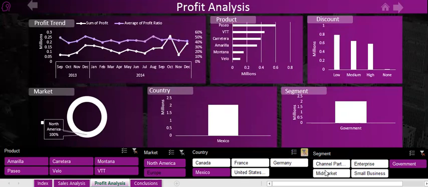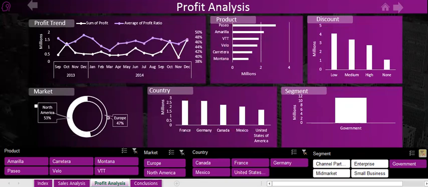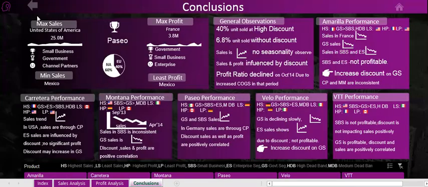Before that, I am just turning off these filters. If we go to the conclusion page, here also I have kept one window for quick analysis of the sales and profit for this product. We can see that the United States is the highest selling country, and France is earning most of the profit.